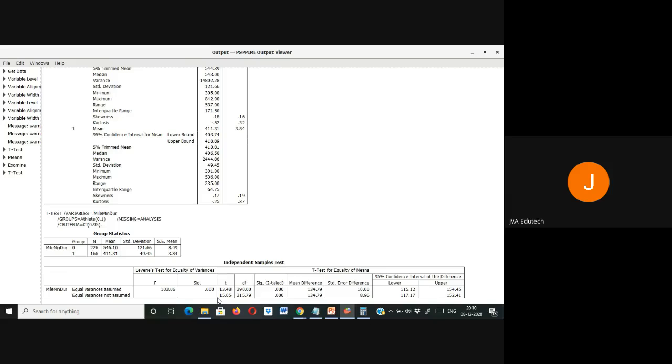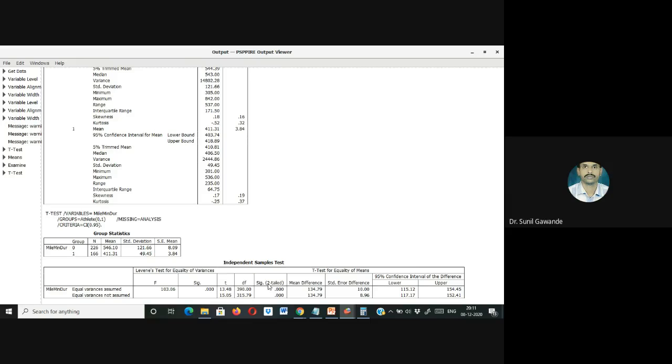In both the cases it is significant. See, in both the cases, just look at this, it is 0.000 and 0.000. Are you getting this? Sir, in equal variances not assumed, the t value is high and the standard error is also low. This is not the rule. This is not at all the rule.